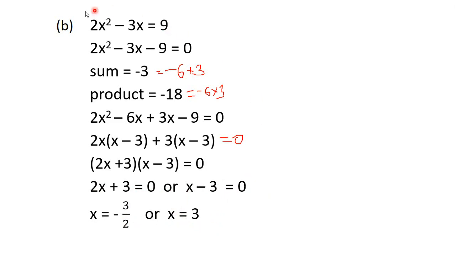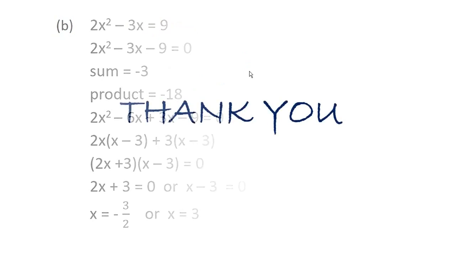So the solution to this quadratic equation is x is equal to negative 3 over 2, or x is equal to 3. Those are the solutions to the quadratic equation 2x squared minus 3x is equal to 9. That's how we solve the quadratic equation.